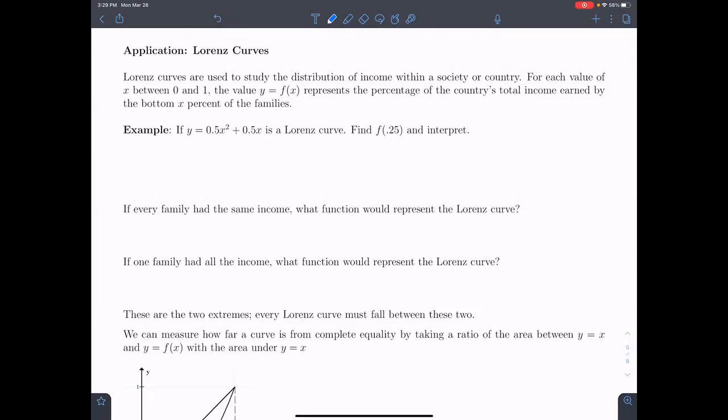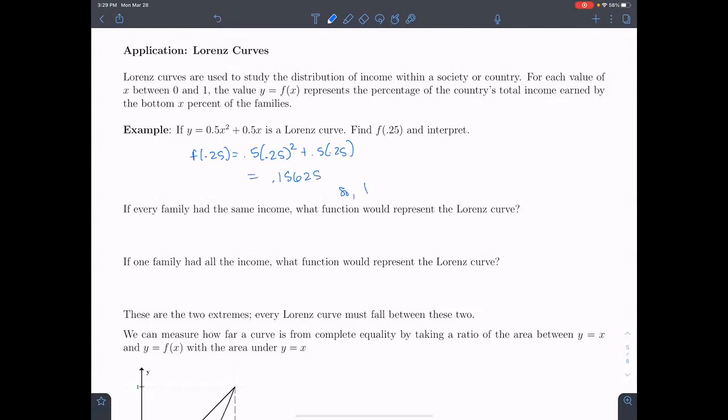So if Y is 0.5x squared plus 0.5x, this is the Lorenz curve for some country or a society. We're going to find F of 0.25. So F of 0.25 would be 0.5 times 0.25 squared plus 0.5 times 0.25. And when you do this, you get 0.15625.